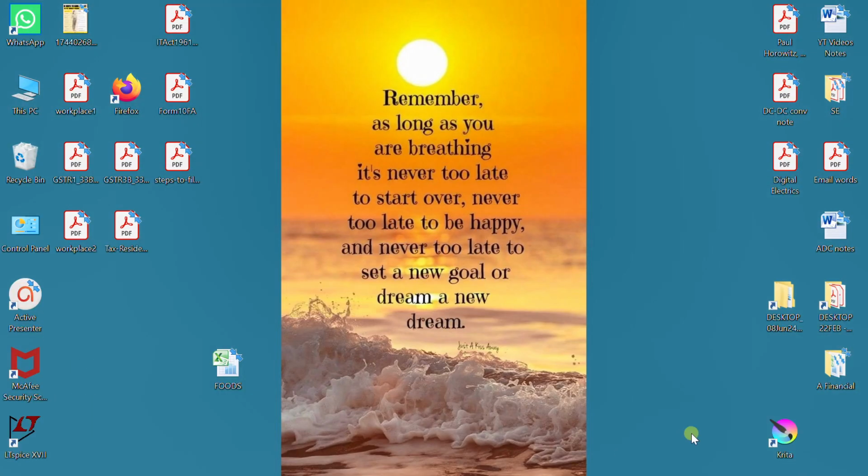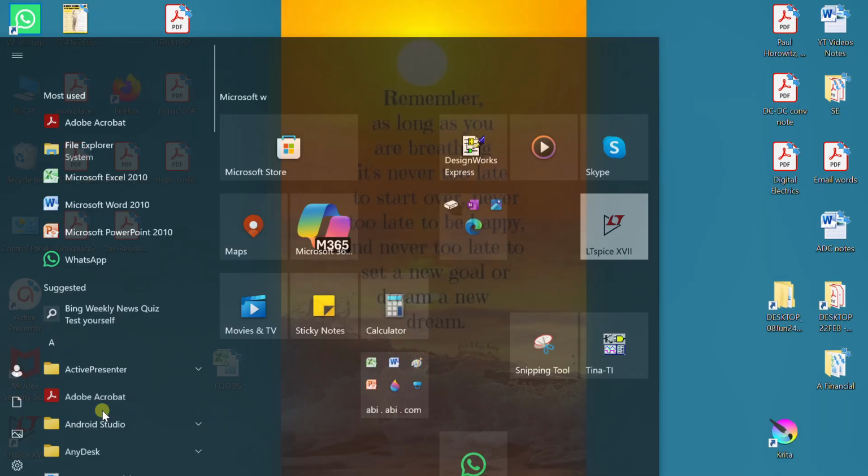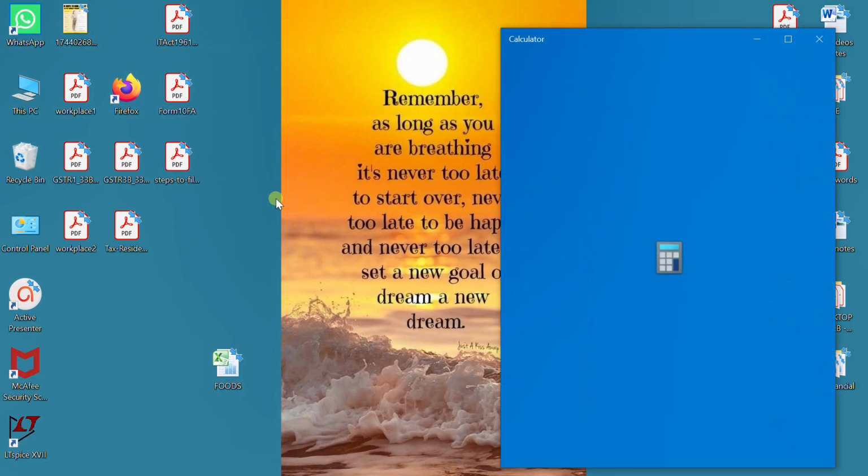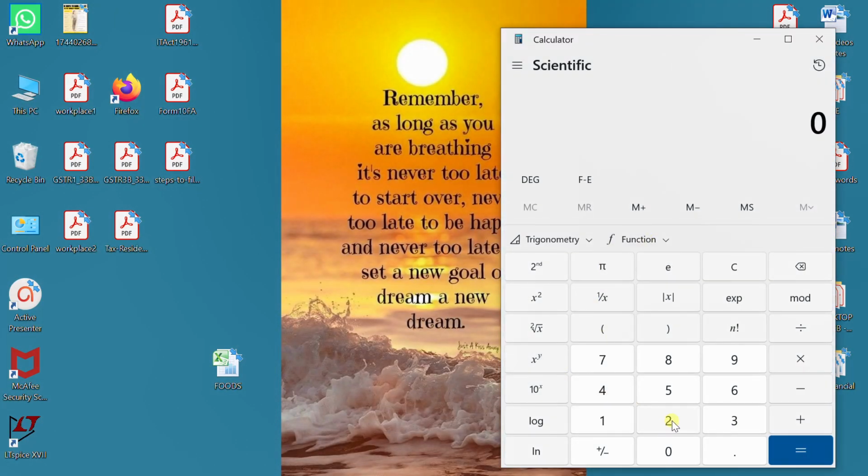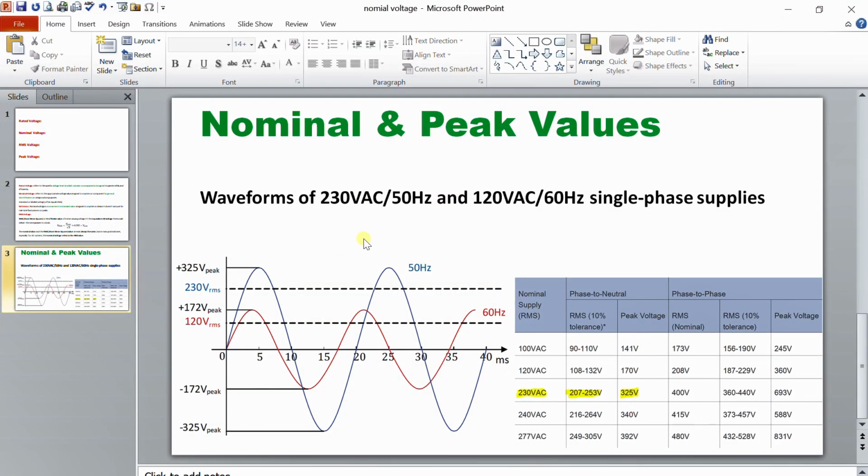We can check it on the calculator: 230 volt into 1.414 is 325. This is the peak voltage. For 230 volt RMS, the peak value will be 325 volt.